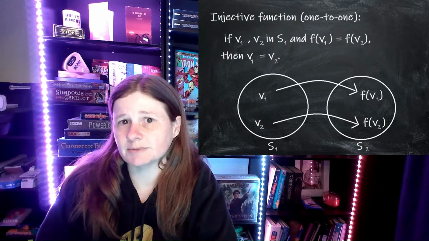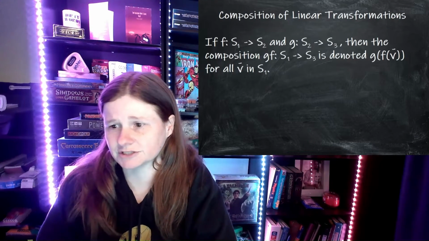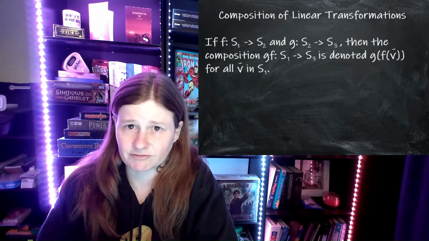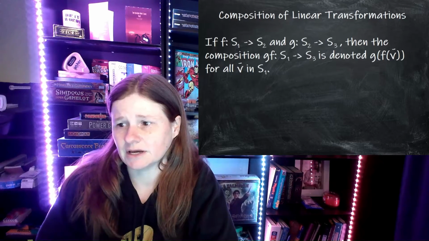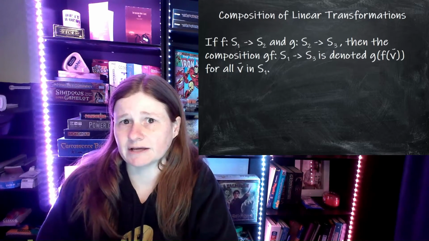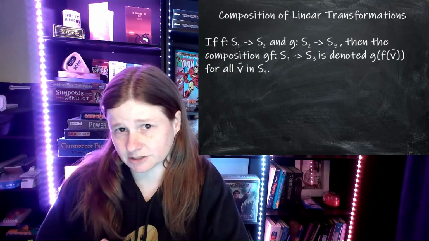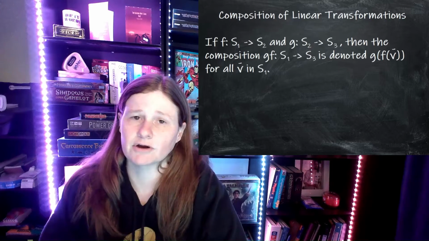So the next thing that's going to be mentioned in our problem today is that we're dealing with the composition of linear transformations. So we actually have two different linear transformations there. Say we started with F that would go from the domain S1 to the codomain S2, and we have another function whose domain is the codomain of the other function, so we can actually combine those. We can get the composition.